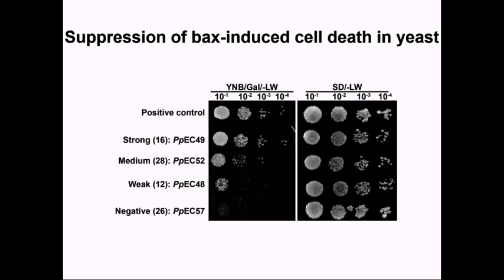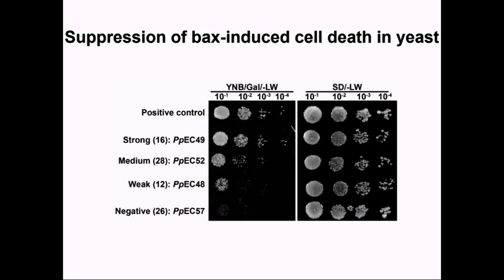So bax is a protein that, this is actually a mouse protein that promotes cell death in mice, but it's also been shown to induce cell death in plants and in fungi. And so we thought it could be interesting to screen our PPECs, and we can do this very rapidly in yeast, to see if any of them suppress bax-induced cell death in yeast.